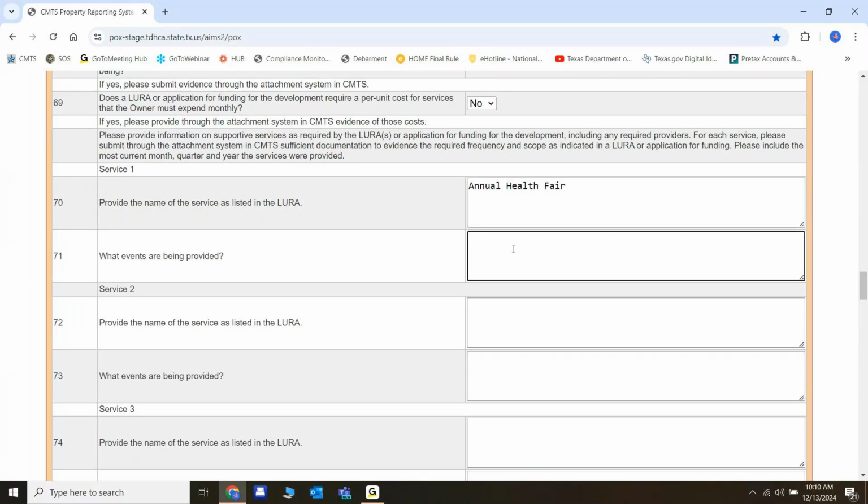I'll just say, every August we have several health providers come on a specific day to educate and provide screenings for our tenants.